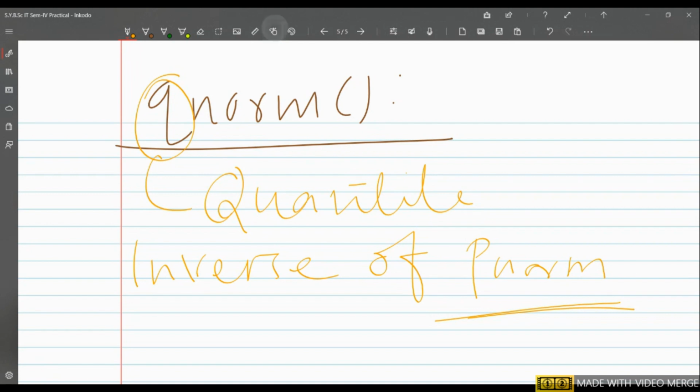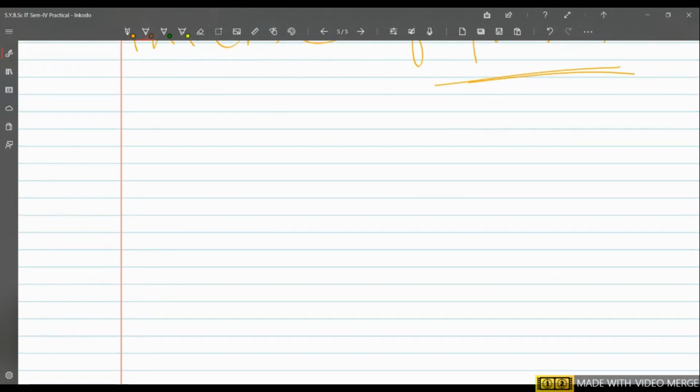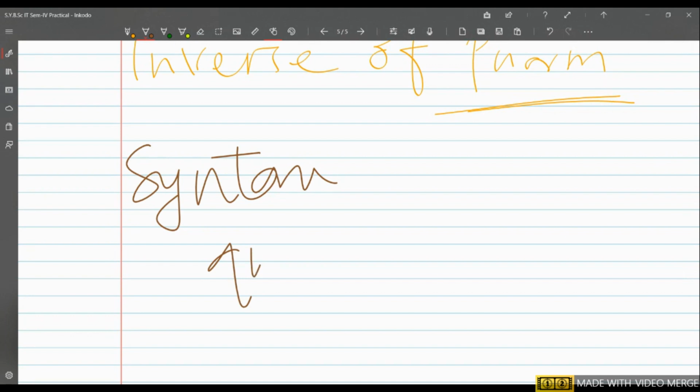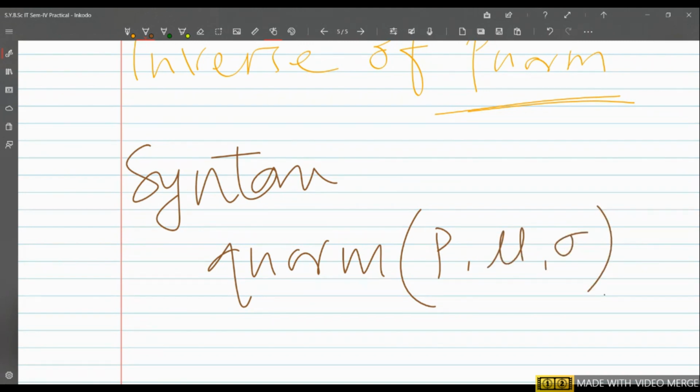And the syntax for the qnorm function is qnorm p, mu and sigma.